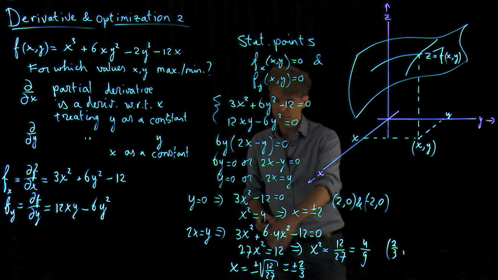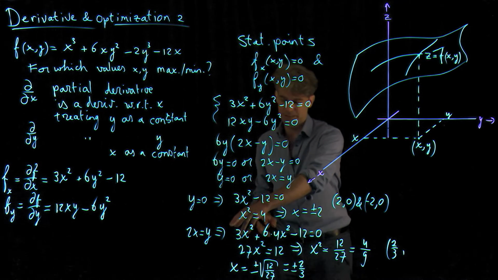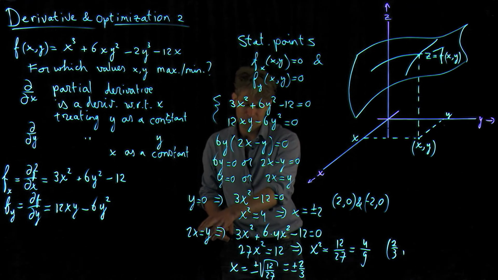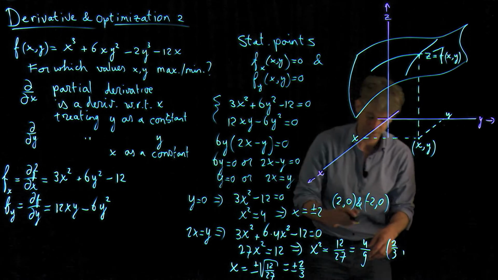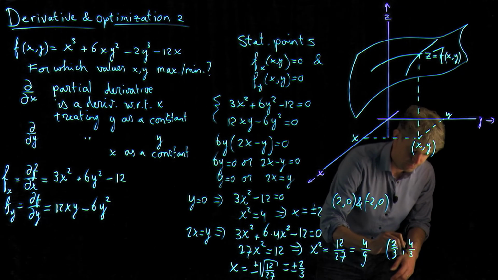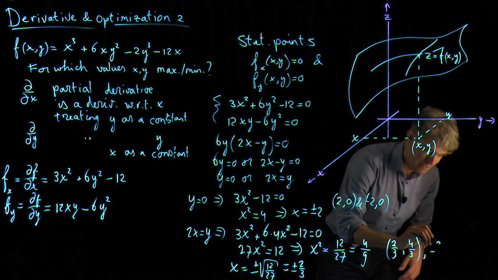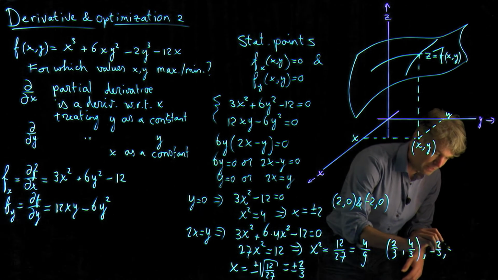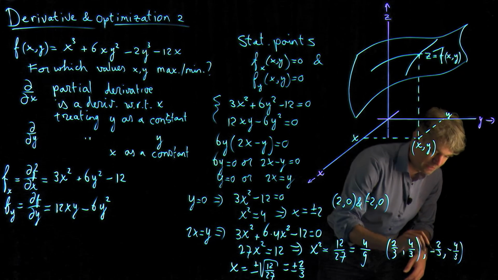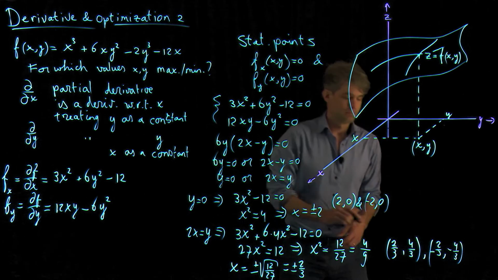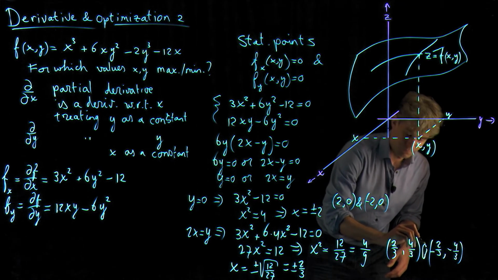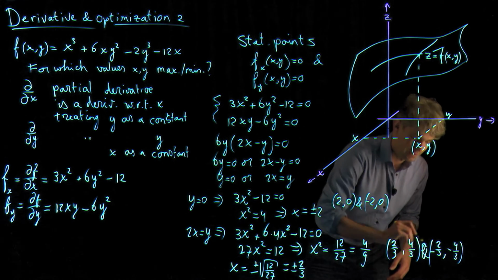Y is twice x. So that's 4 over 3. And with the minus, minus 2 over 3, comma, minus 4 over 3. And they're both stationary points, like this.